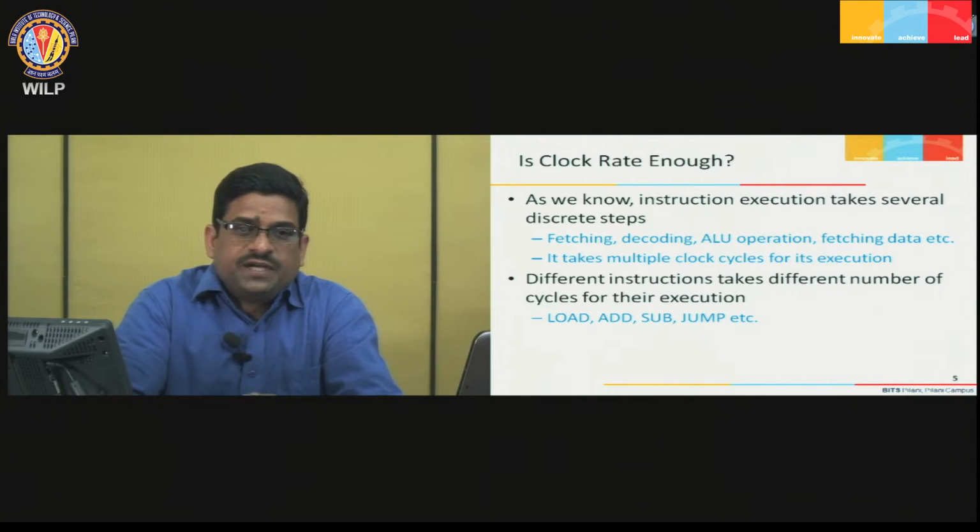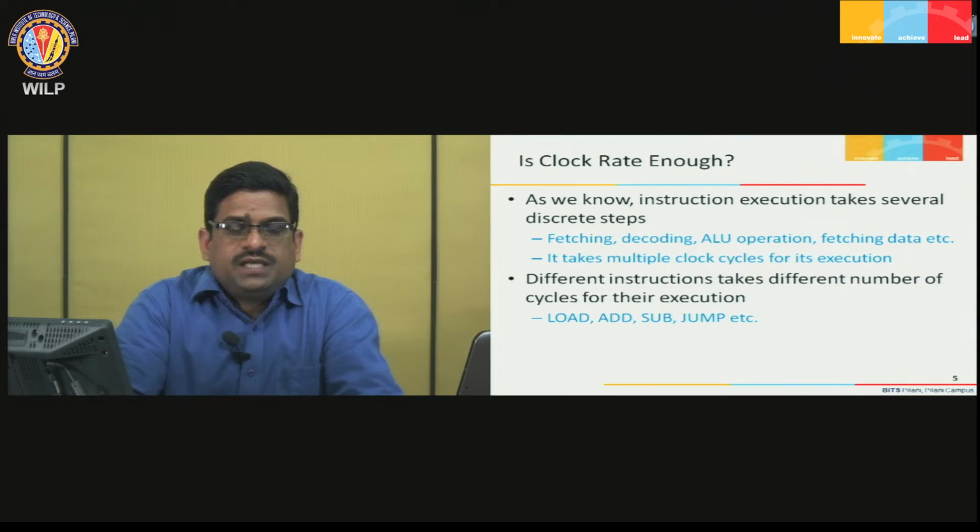We have different types of instructions in an instruction set architecture. We have the arithmetic instructions, the logical instructions, the control instructions called jump instructions, or some ALU operations like addition, subtraction. So, different types of instructions are there. For each instruction, the number of cycles required will also be different.